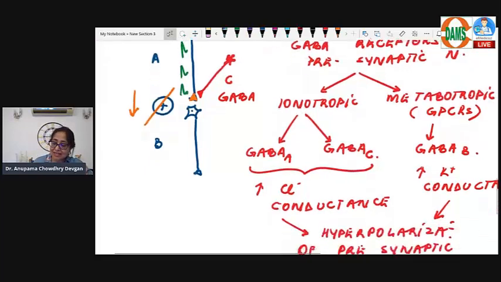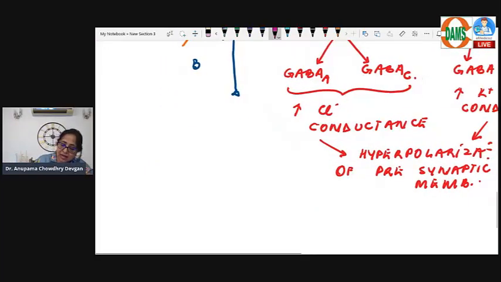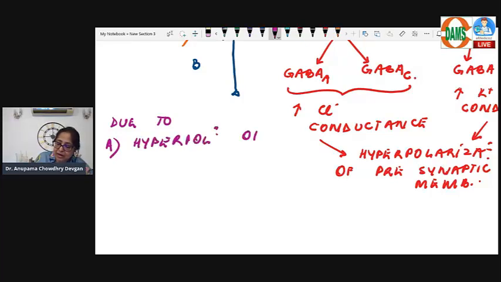And this is exactly an Ames question which was asked: presynaptic inhibition is due to A, is it due to hyperpolarization of the presynaptic membrane?